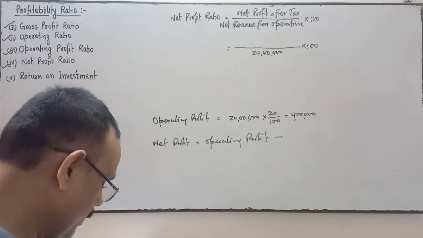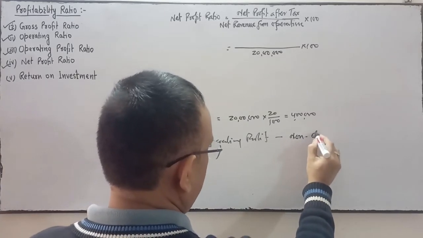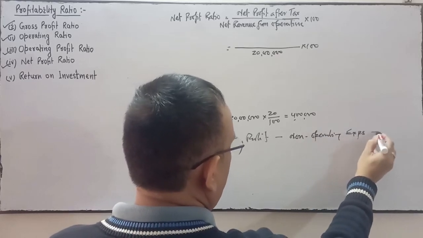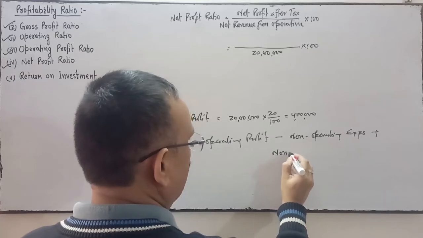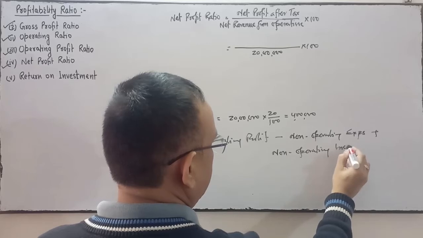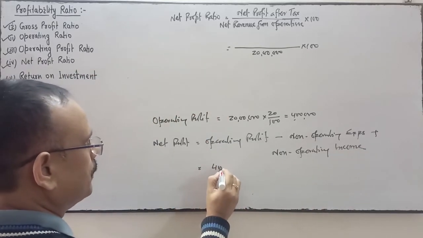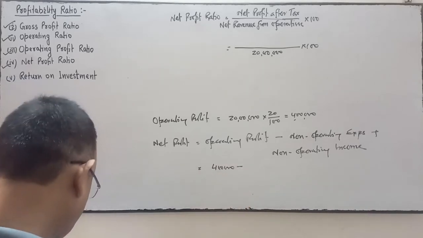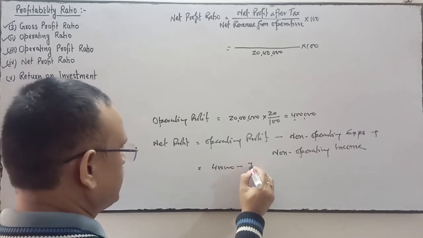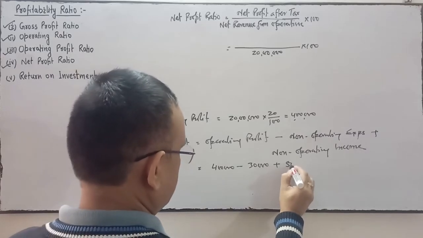Here non-operating expenses are given. We deduct them and add non-operating income to find out the net profit. So operating profit is 4 lakhs minus non-operating expenses 30,000 plus non-operating income 50,000.